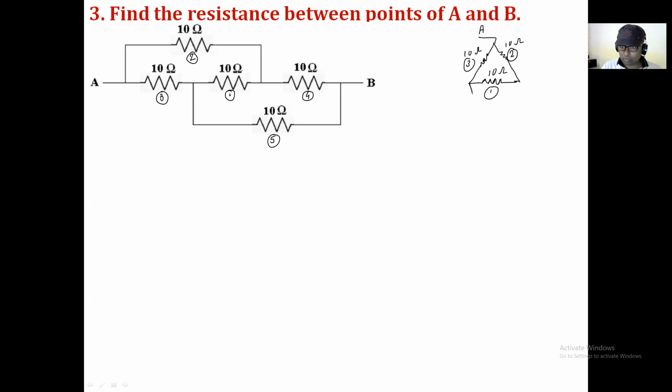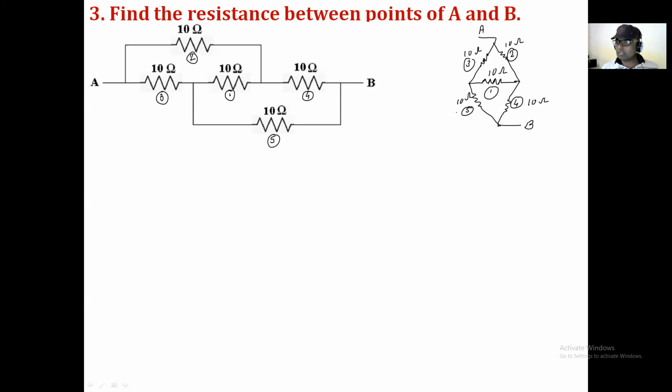I can try to draw like this. This is point B. This one is the fourth resistor having a value of 10 ohm, and this one is the fifth resistance having a value of 10. Can I draw the diagram like this? Yes, sir. Okay.